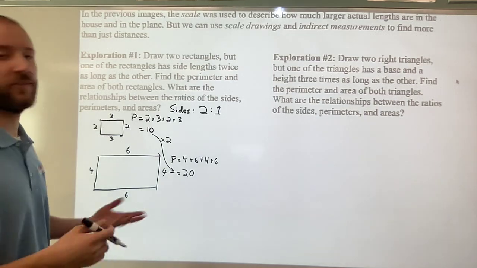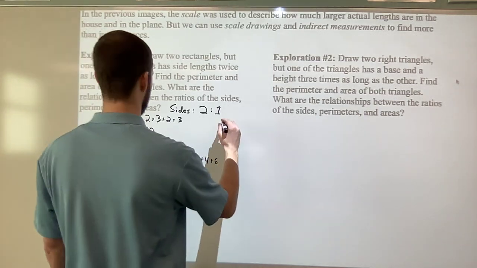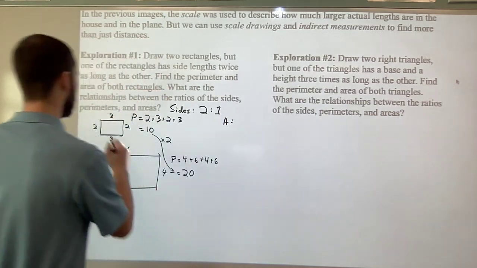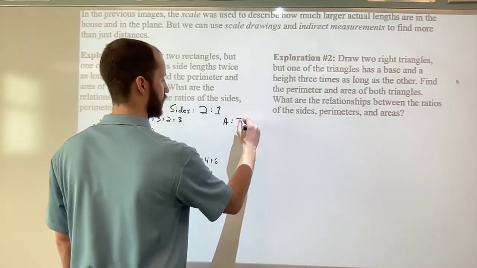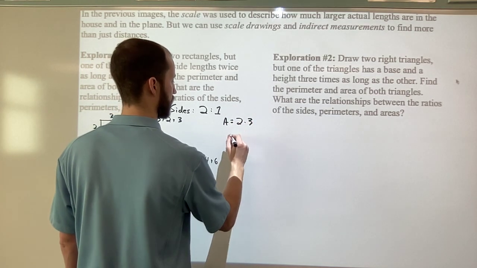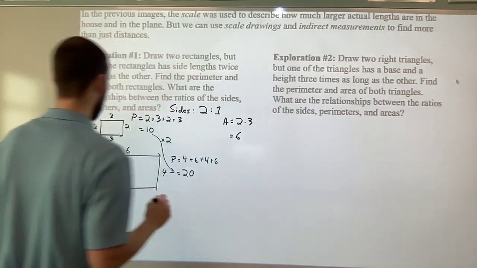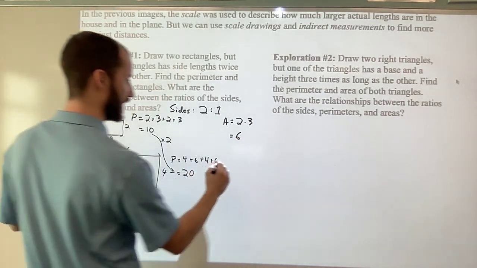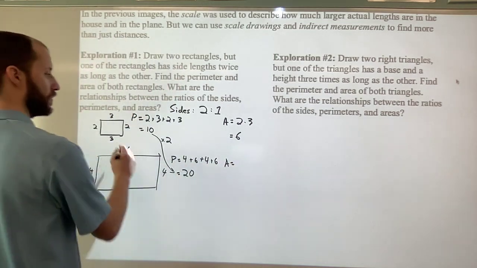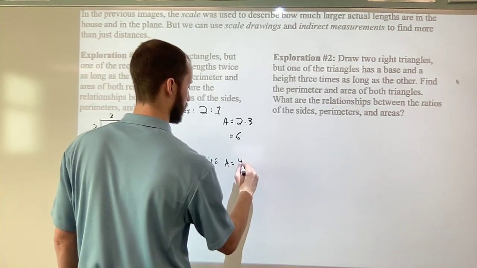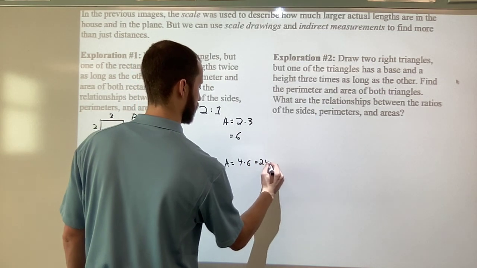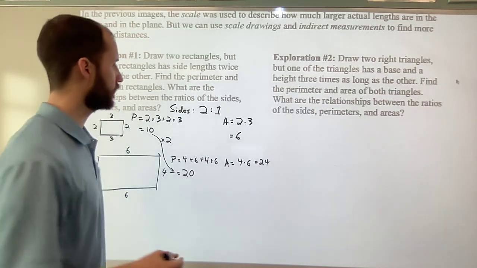Let's look at the areas also. Area of the smaller rectangle, 2 times 3 to get 6. Area of the larger rectangle, 4 times 6 to get 24.